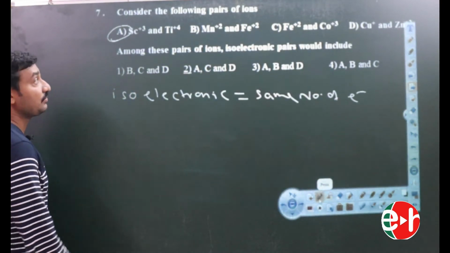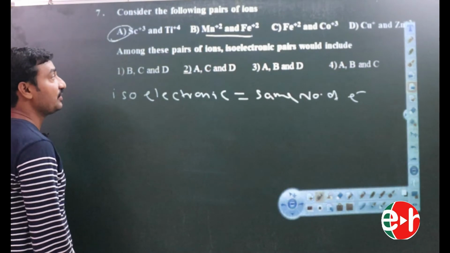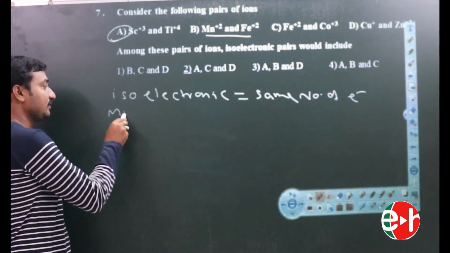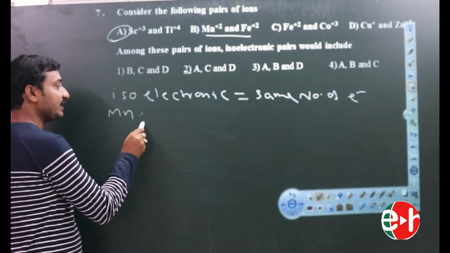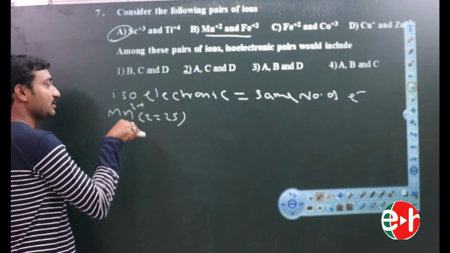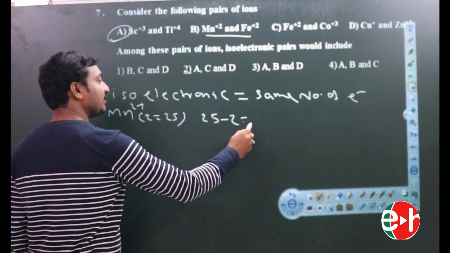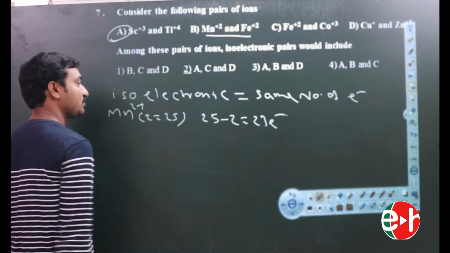Now coming to option B, Mn2 plus and Fe2 plus. Manganese atomic number 25. Mn2 plus means 25 minus 2, 23 electrons.